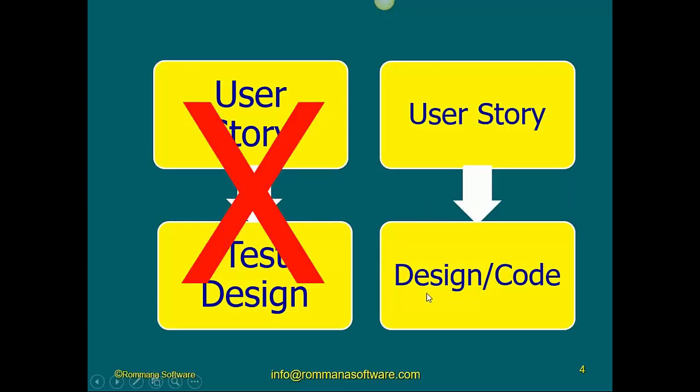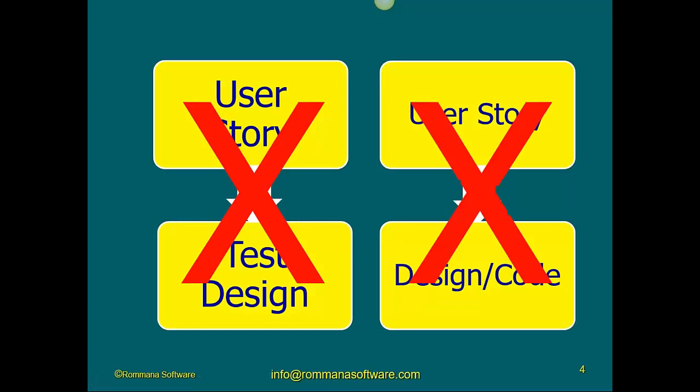It has not proven to work. So what am I suggesting at this point? Well, we need to do something about user stories to make them complete, testable, precise, and all the good stuff we know about requirements, in order to be able to use a user story for testing.